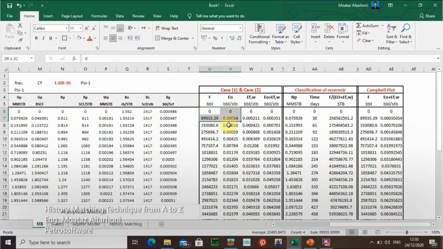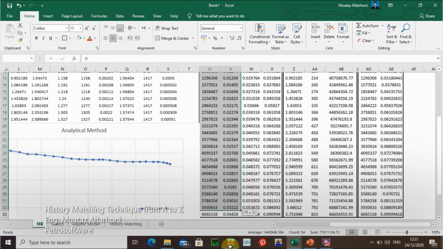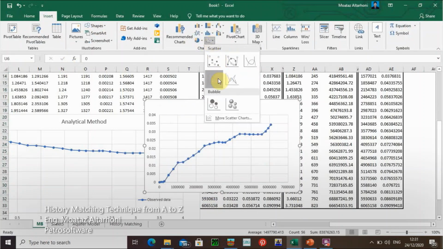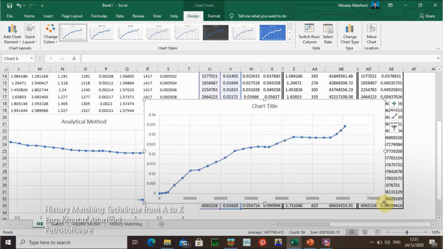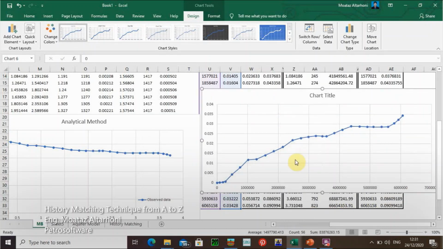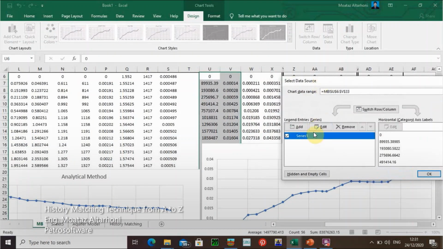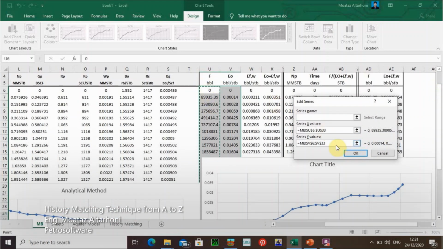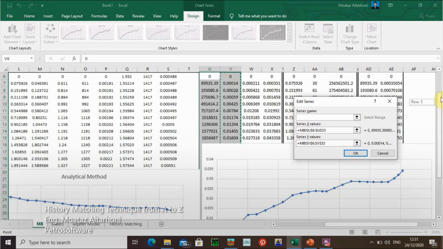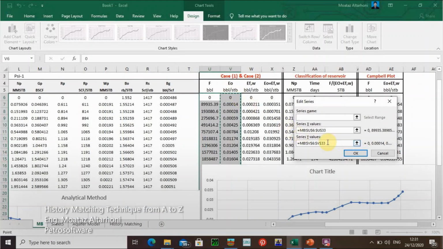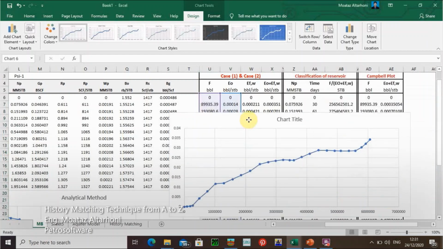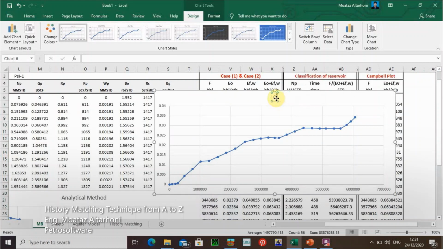So I need to use and calculate a plot for F and epsilon O. And the slope will be, yes, I have to check what's in the X. F, and epsilon O will be on Y. That's right. So this is the first case, case 1.